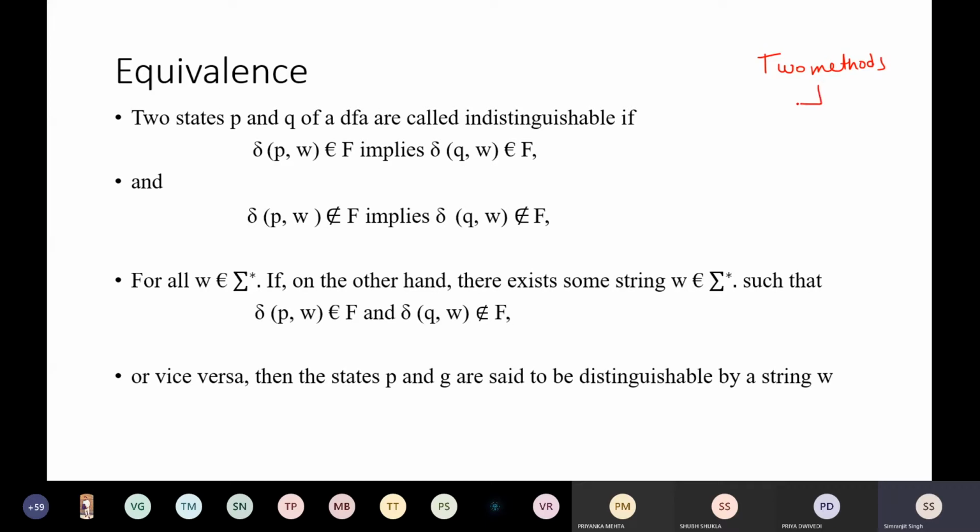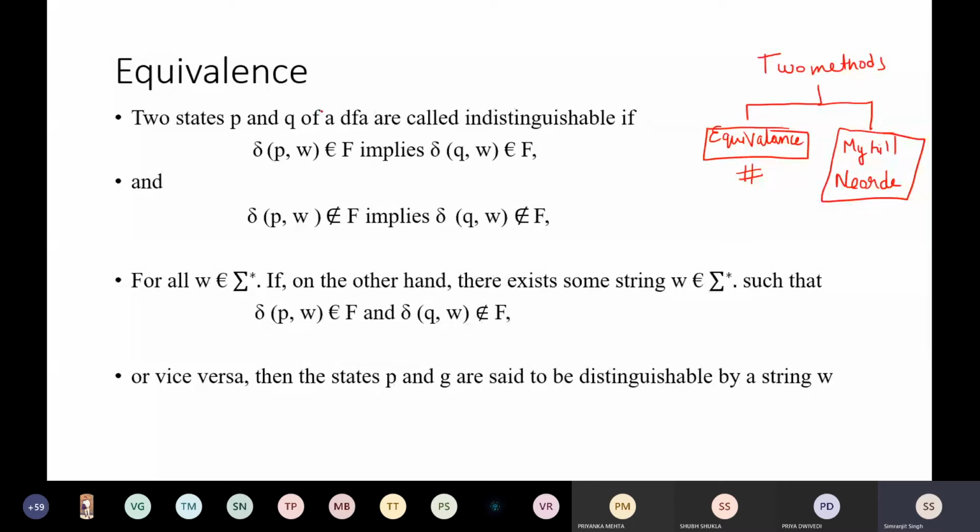The first method is called the equivalence method, and the second is specifically called Myhill-Nerode. Some books follow this, some follow that. You can follow both, but I find this method very easy. The book by Peter Linz follows this equivalence method.